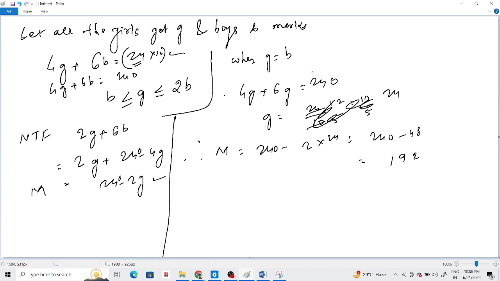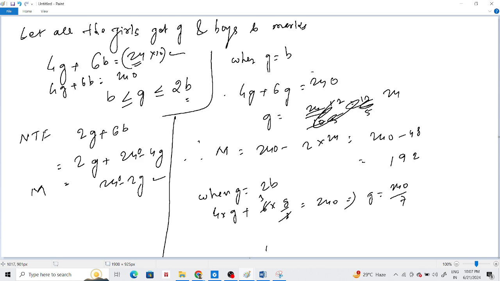192, okay. Now when G is equal to 2B, right, at that time this is going to be 4 into G plus 6 into G by 2, that is equal to 240, that is going to be 240 by 7, okay.